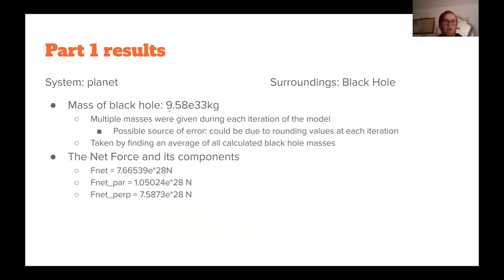The mass of the black hole was 9.58 times 10 to the 33rd kilograms. Multiple masses were given during each iteration of the model. It could be a possible source of error because of rounding values at each iteration, because I found this value by taking an average of all the calculated black hole masses.